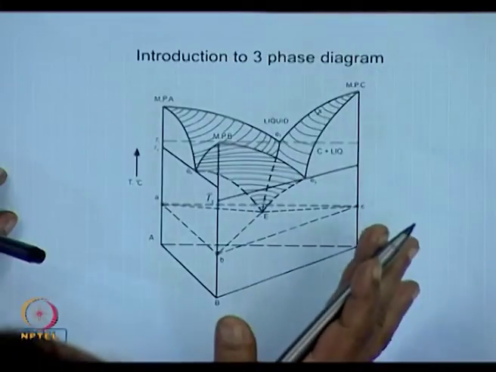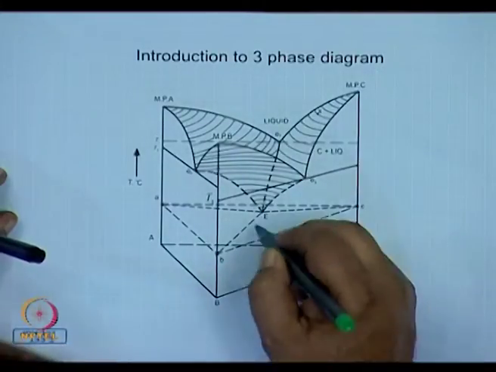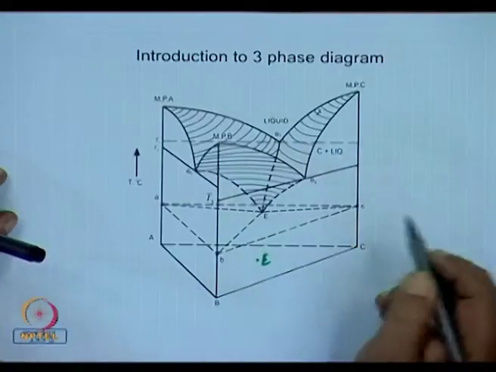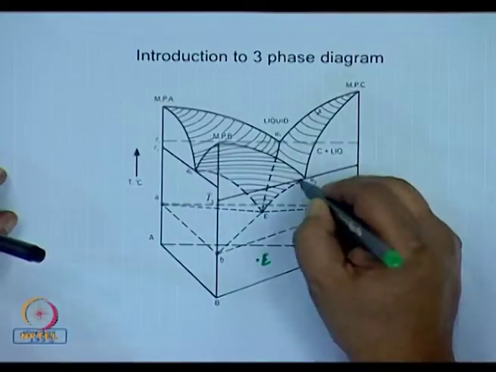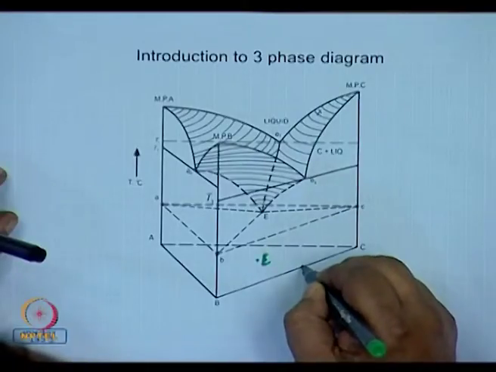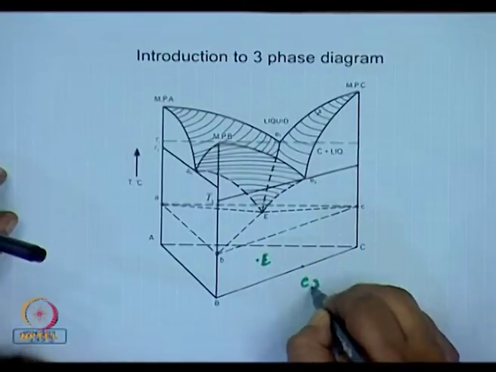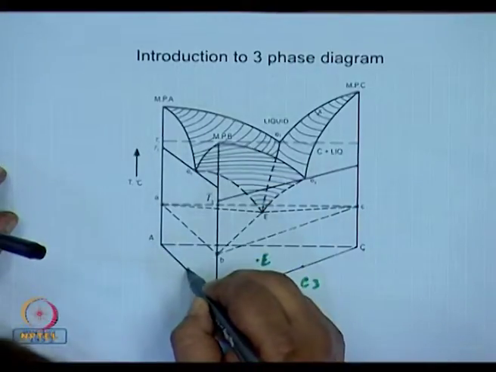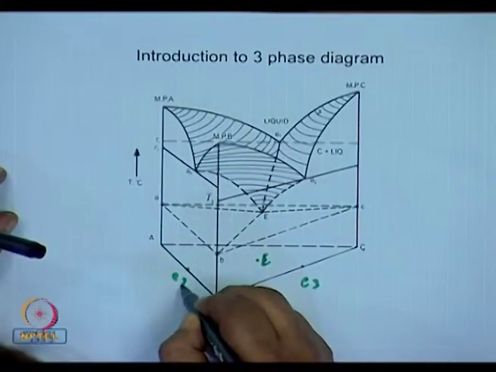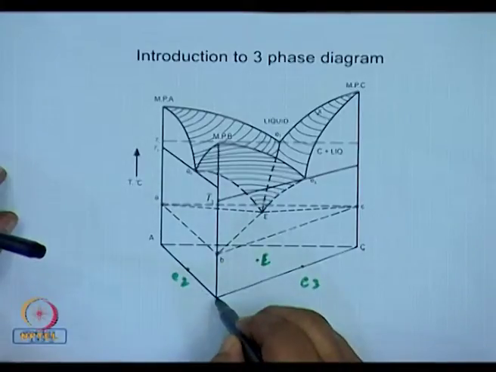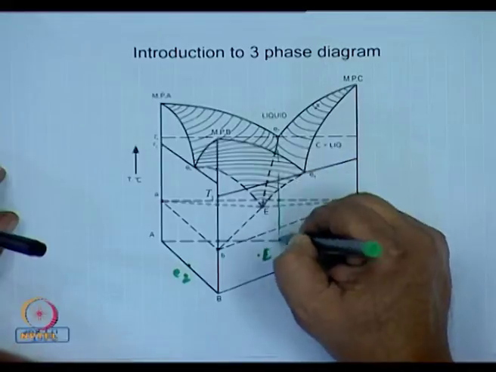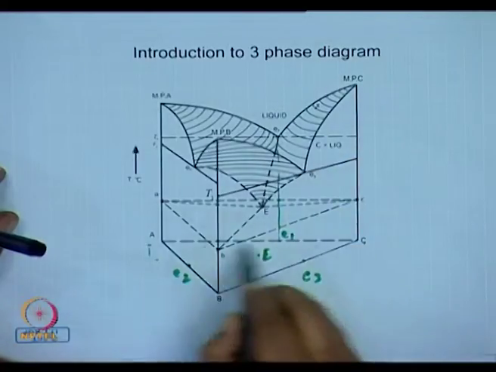I have combined it three-dimensionally. What we will have is this eutectic over here. This E3 would possibly correspond to a point E3 on the BC over here. This E2 would correspond to a point E2 over here on AB, while E1 would correspond to a point E1 on this binary AC.